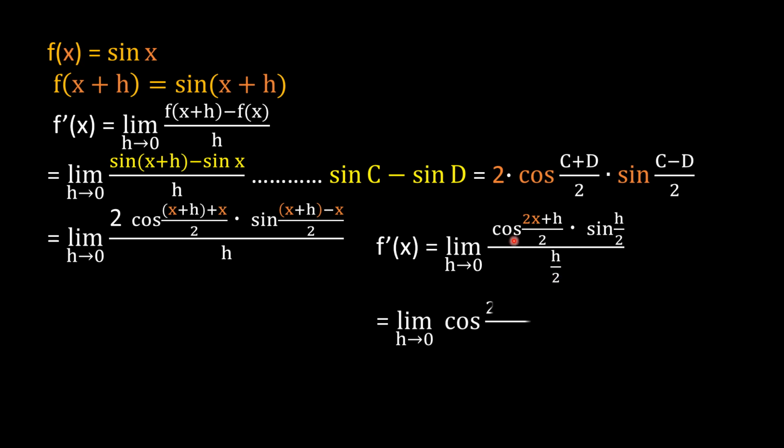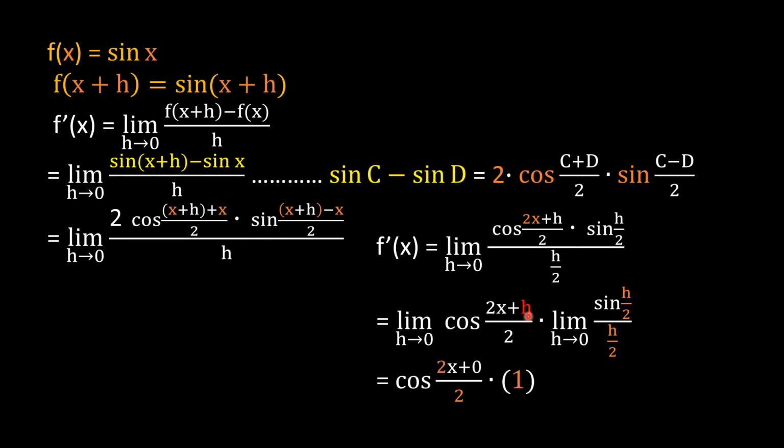Now we will write two separate limits. First will be cos of (2x plus h) divided by 2, and second limit sin of h by 2 divided by h by 2. The first limit we can solve by substitution. We will substitute h equals 0, in place of h we will put 0.